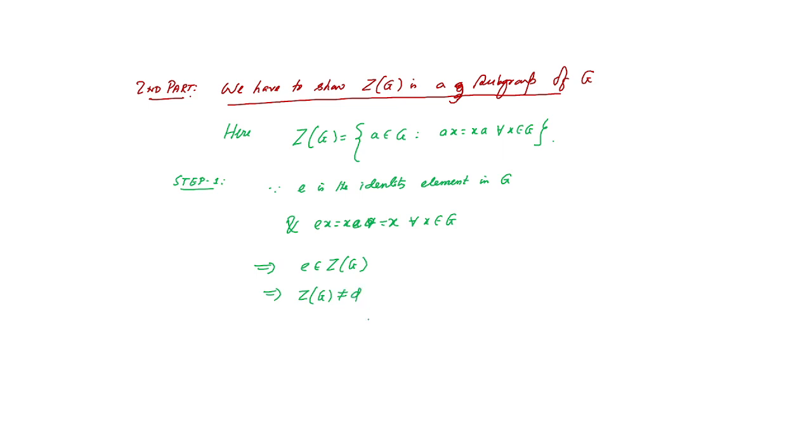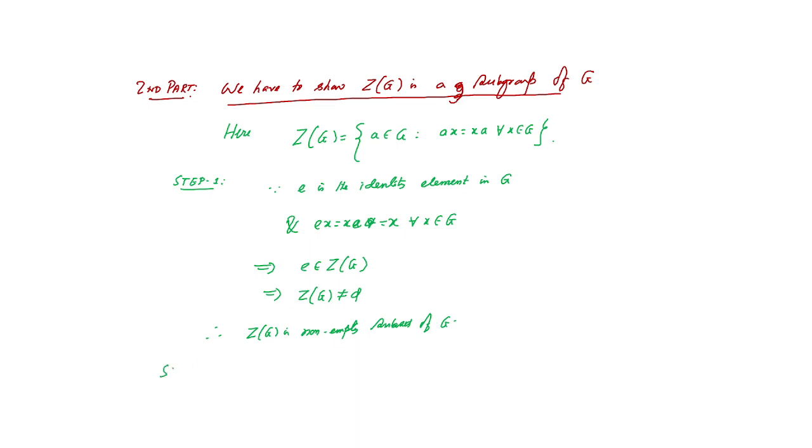Okay, so what we conclude here, Z(G) is a non-empty subset of G. So this is our first step.